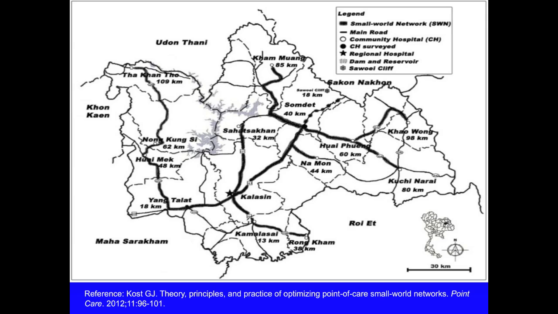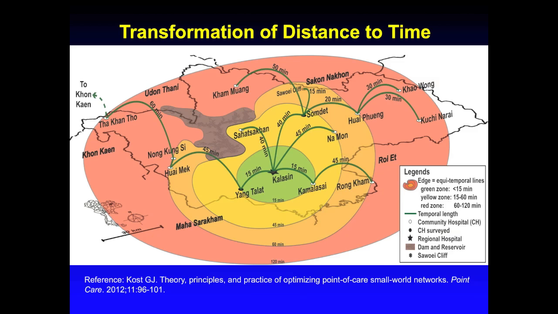The next slide shows you a province, Callison, with the small world network core pathways of ambulance travel indicated in black. The following slide then shows a transformation of distance to time. So herein lies some of the core of developing a strategy for the placement of point-of-care testing.